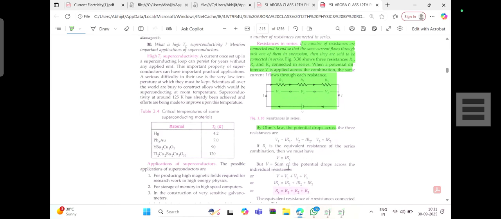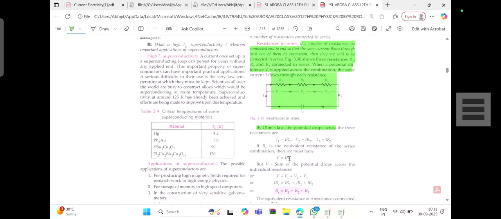If RS is the equivalent resistance, I have already discussed that if you can use another resistance instead of these three resistances, this is called the equivalent resistance. If RS is the equivalent resistance of the series combination, then V equals I RS.